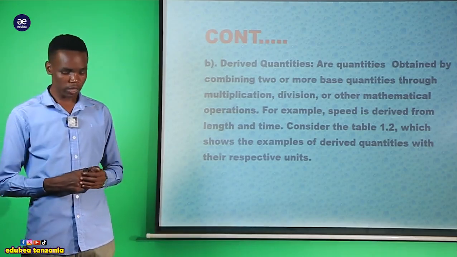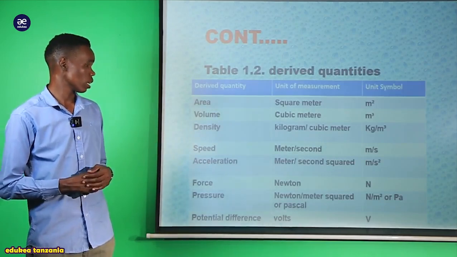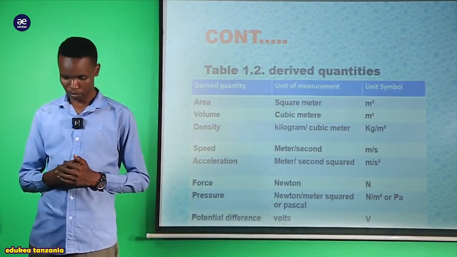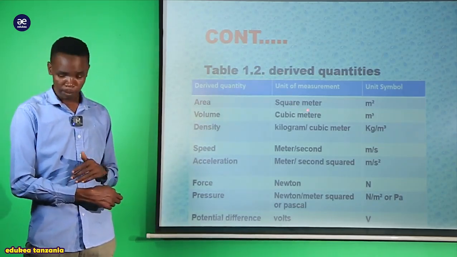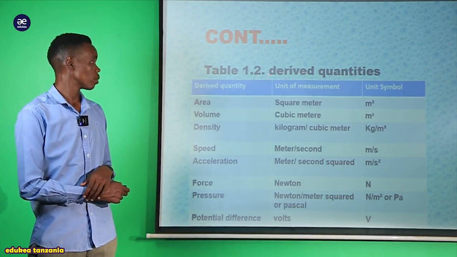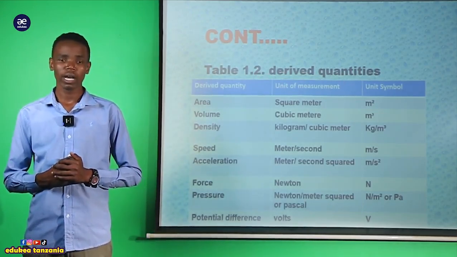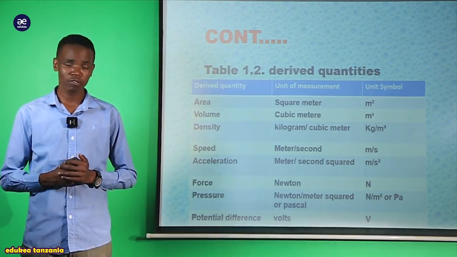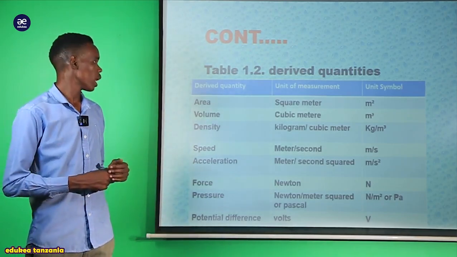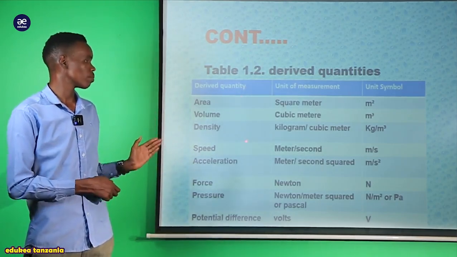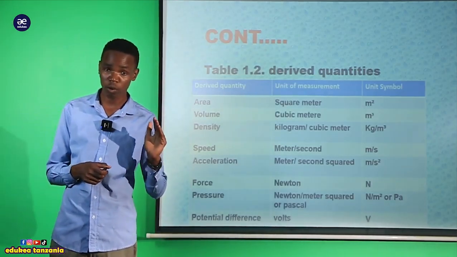So welcome to see those derived quantities. As you can see here, this is table number 1.2, and this table, my dear student, explains the derived quantities. For instance, we have the first column, which represents the derived quantities.